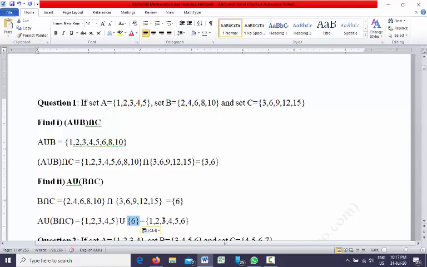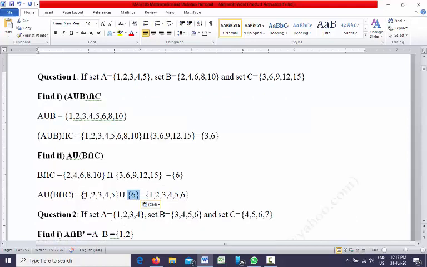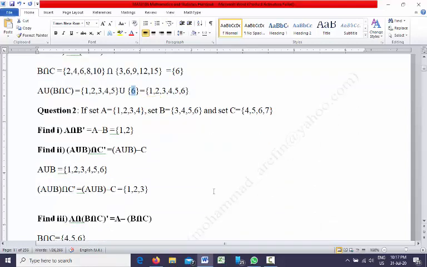Union means common and uncommon, everything. These are the things not common, and this is also not common, so we will take all. So we will have 1, 2, 3, 4, 5, 6.